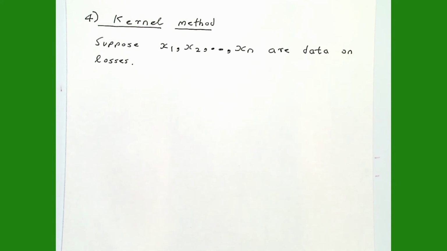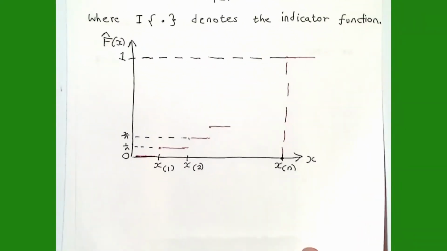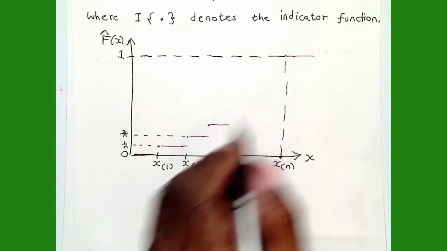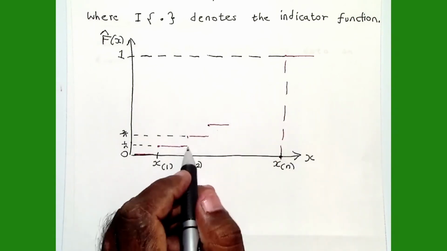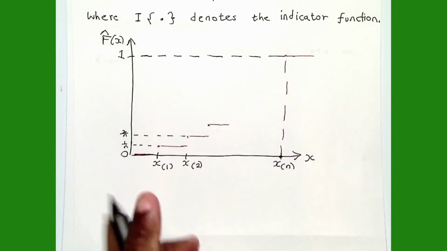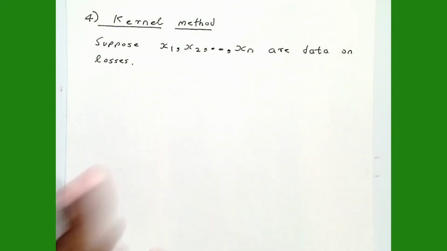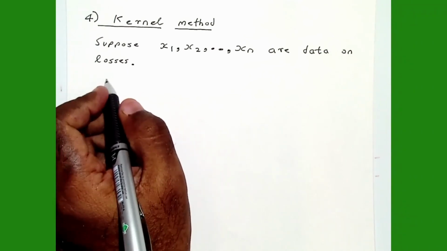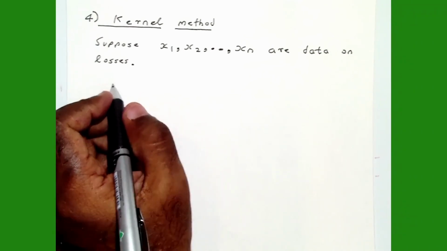This is the picture of the empirical CDF I showed you earlier. The diagram that you have here is not a smoothed version. It's like a step ladder, going up, up and up in every step. Whereas kernel estimation produces a smooth version of the CDF of the data.